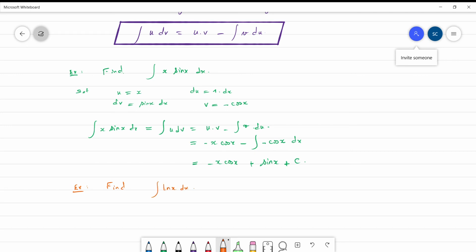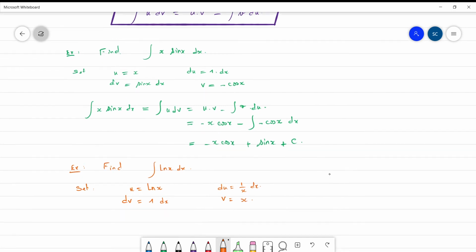Here I will set u equal ln x, so that the derivative gives me 1 over x dx. Then dv is the only remaining factor I see, which is 1 dx. Therefore v will be x.